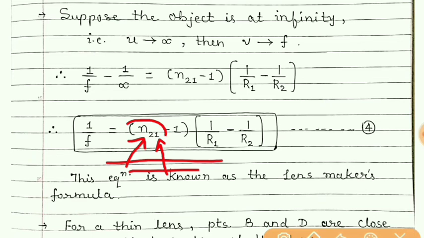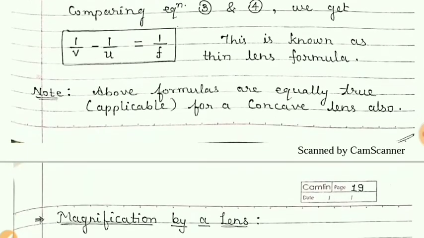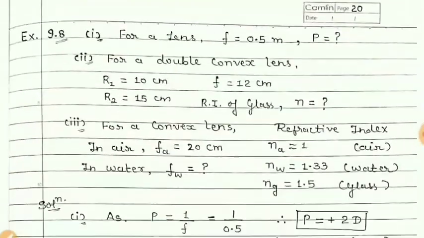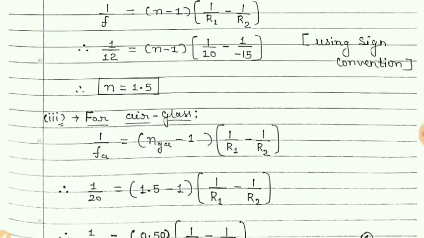So N21 means it is refractive index of glass with respect to air. So here first the lens is kept in air, so we have written 1 upon Fa, focal length in air. So refractive index of glass with respect to air minus 1, 1 upon r1 minus 1 upon r2.